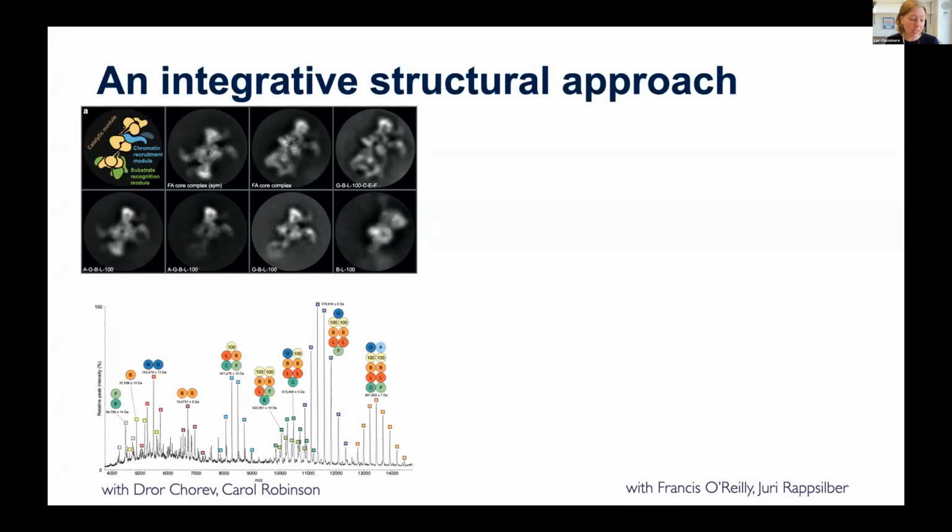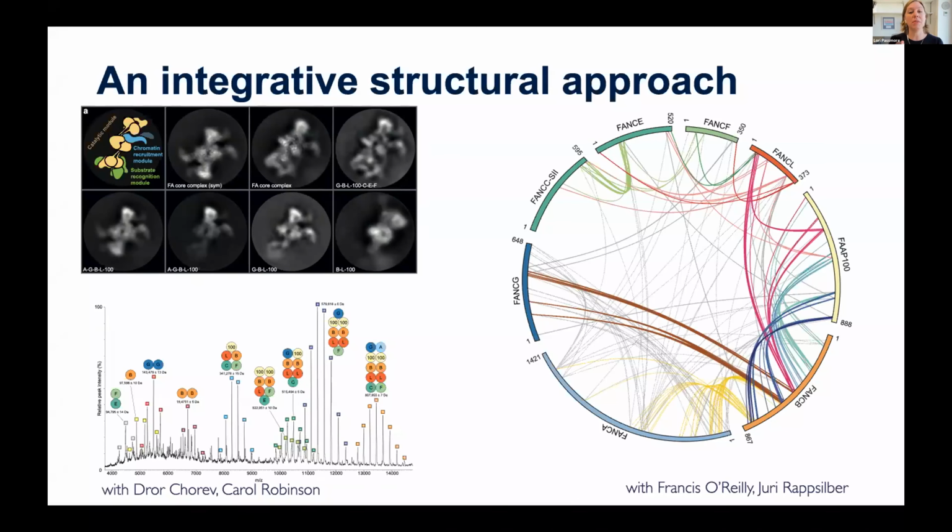So this was really strong evidence that there wasn't a unit stoichiometry for each of the subunits. Next, we determined which residues are in close proximity using cross-linking mass spec with Francis O'Reilly and Yuri Rapsilber in Berlin. And so they identified 834 high confidence inter and intramolecular crosslinks.